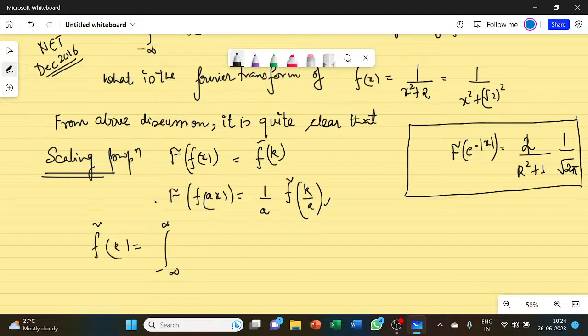Now the Fourier transform of f of x, f tilde k, would be equal to the integral from minus infinity to infinity of e to the power iota kx times f of x dx. I'm using the definition that has been given to me.